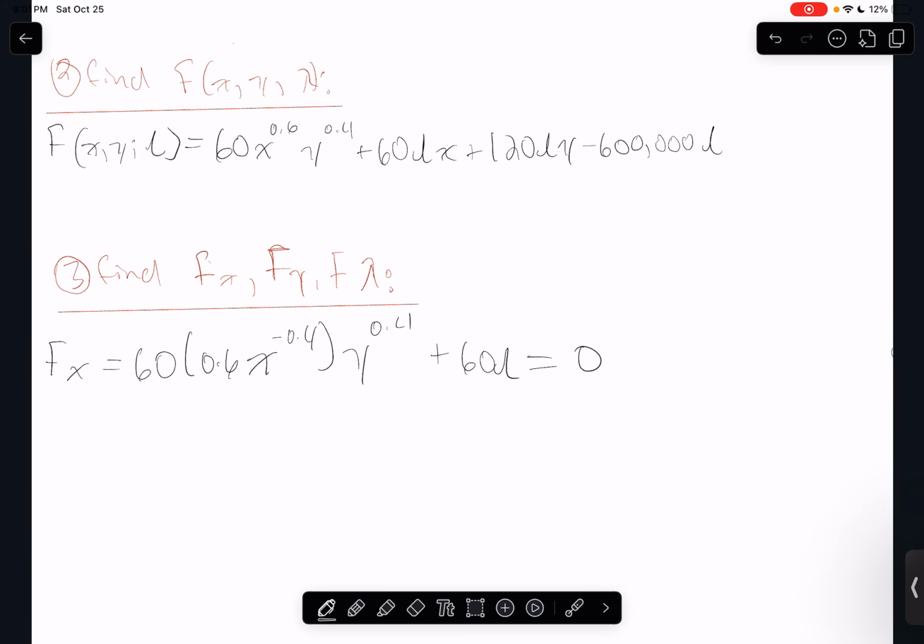All right. Next, we're going to have capital Fy, which equals 60x to the power of 0.6. Nothing changes here. But y is going to be subject to the power rule. Like so, okay? And when we do that, bear with me.